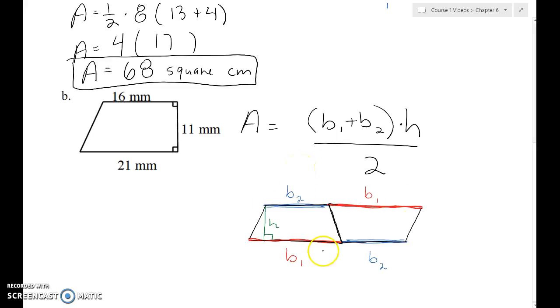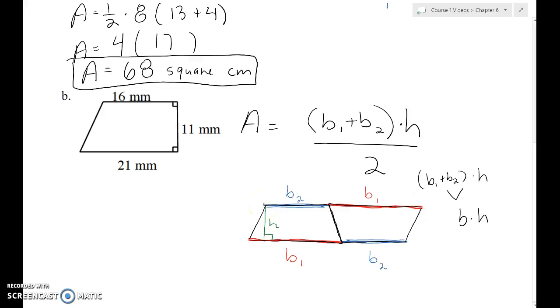The area of this guy is still base times height, and in our case, the base of our parallelogram is now base 1 plus base 2, and the height is still the height.